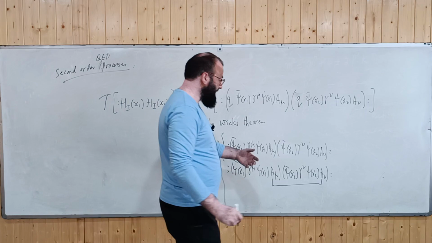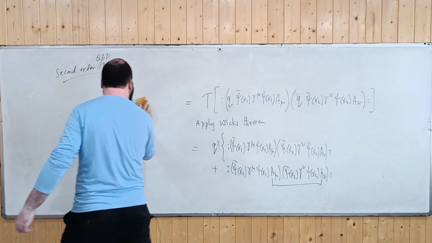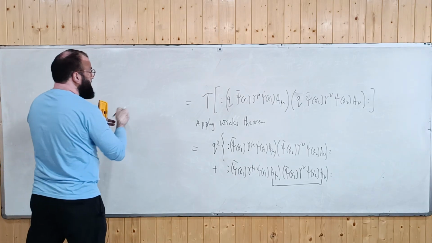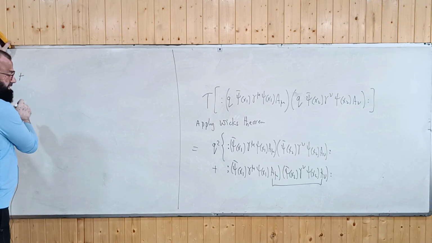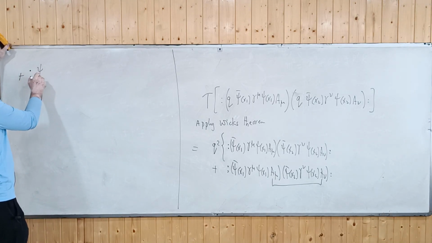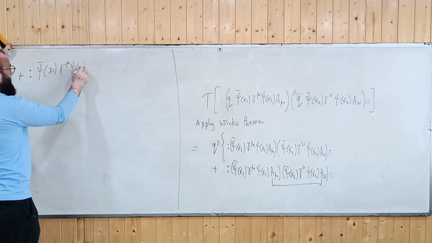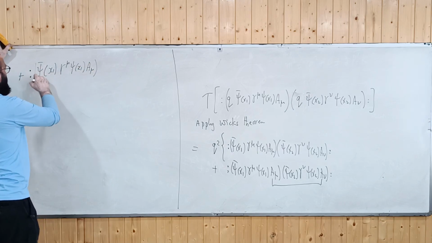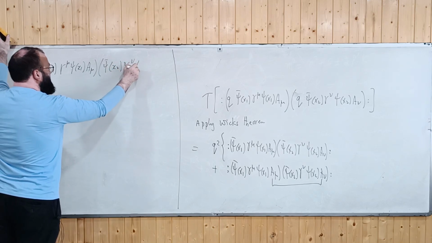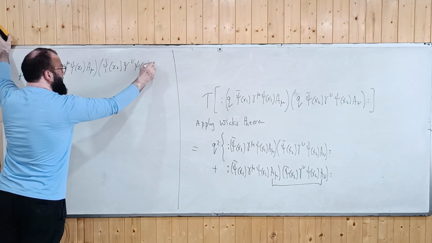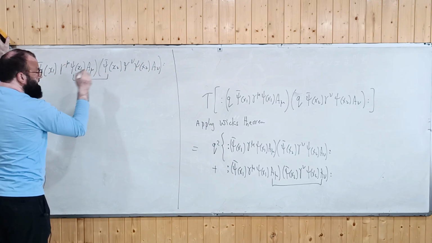Now let's take another single contraction. What is the other single contraction? Plus, let me write it: psi bar x1 gamma mu psi of x1 A mu. This is the first term at x1. Then you have psi bar x2 gamma mu psi of x2 A. Let's contract it. You can contract, let's say, this psi and psi bar.